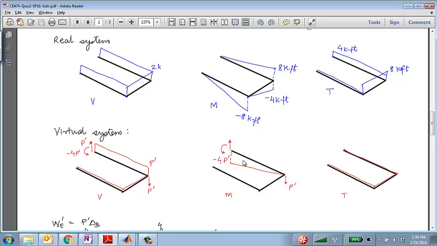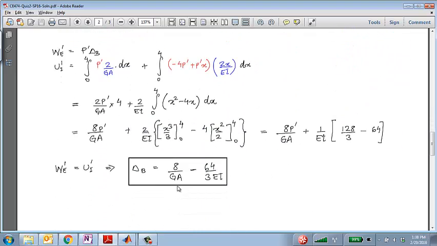So if you take the contributions of this leg for shear and this leg for bending, then you should have gotten something like this, P'L/AGA minus 64/3 EI. So this minus is the important thing here, because what it says is the displacement at B would be minus 64/3 EI, and generally this would be bigger than the shear deformation.